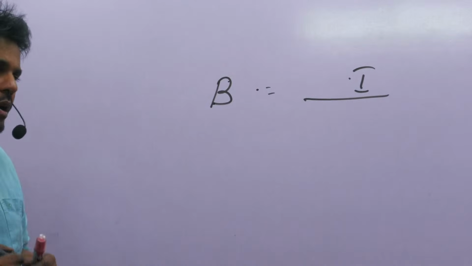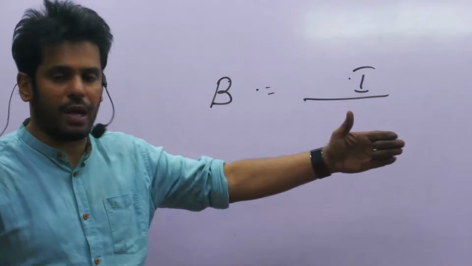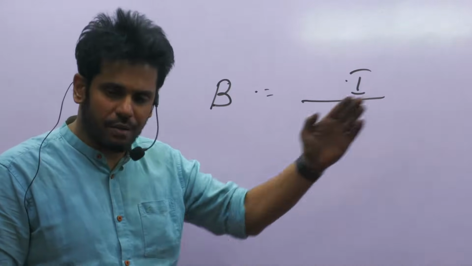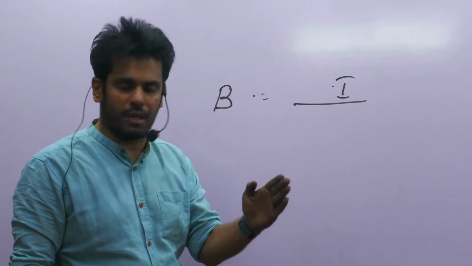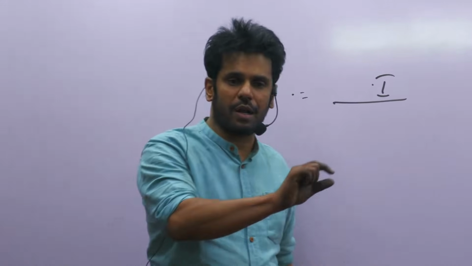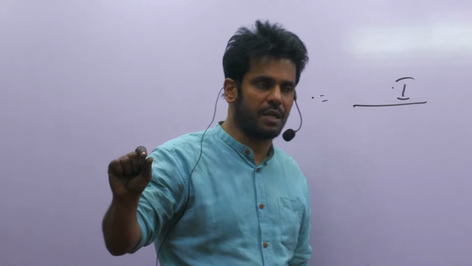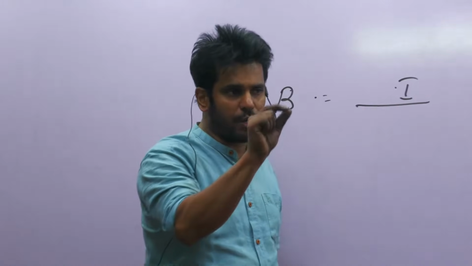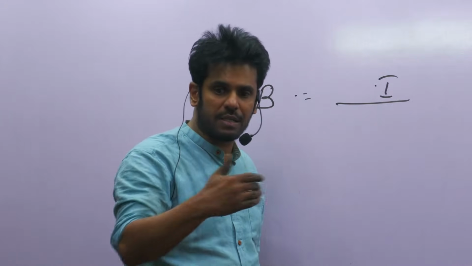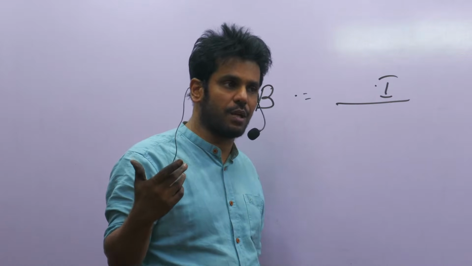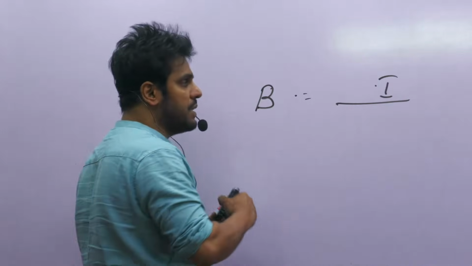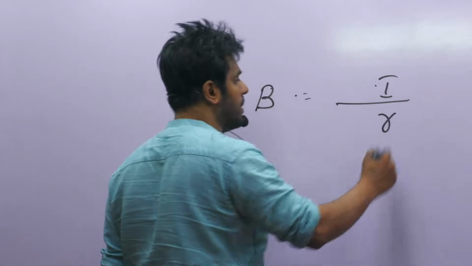Now everyone knows that when you travel away from a magnet, the magnitude of B decreases. So we assume there is a magnet here and you run away from the magnet. At that time you feel the magnetic field gradually decreasing, because the distance is gradually increasing. Now you can get the idea. Always B is inversely proportional to the distance.